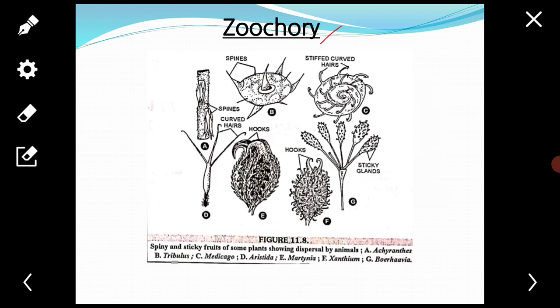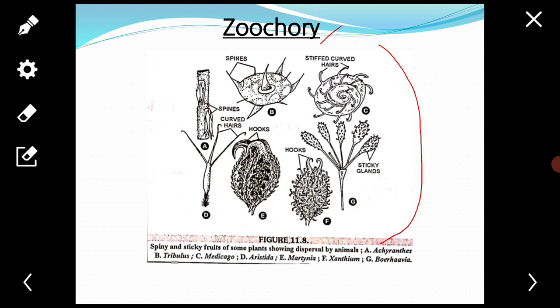Next, zoochory, that is dispersal by the animals including the human beings. Such fruits and seeds possess some special type of adaptations for their dispersal. You see the images in this slide.